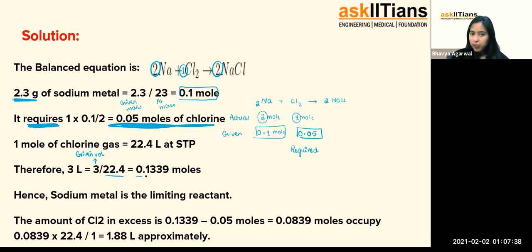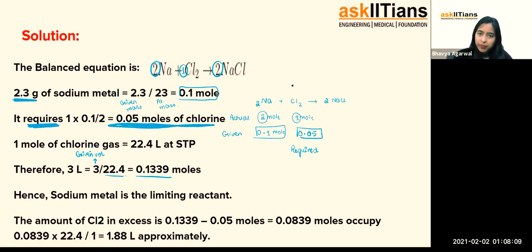That is giving me 0.1339 moles. I wanted 0.05, I'm having 0.1. Even if I do not look at the other decimal places, I'm having at least 0.1. So it means I'm having chlorine in excess. I'm having more than the required value.